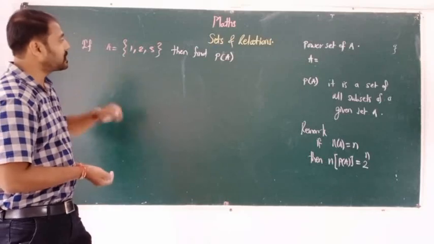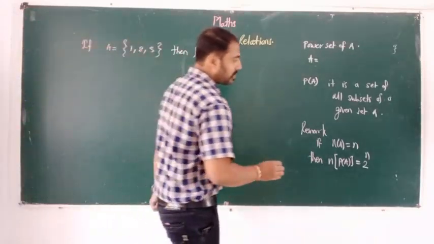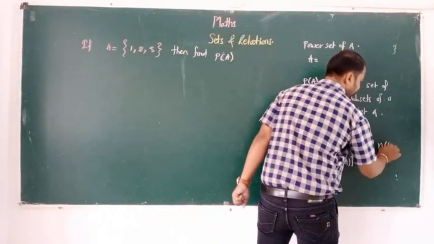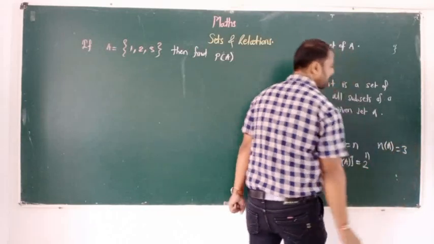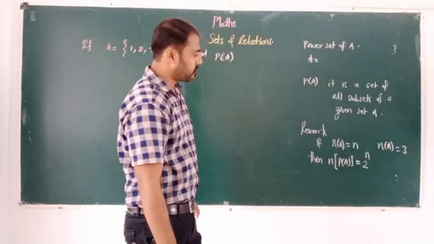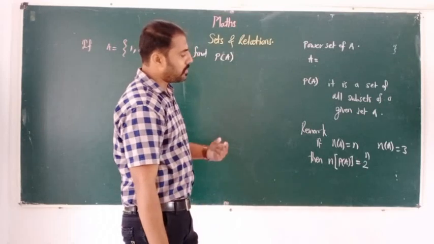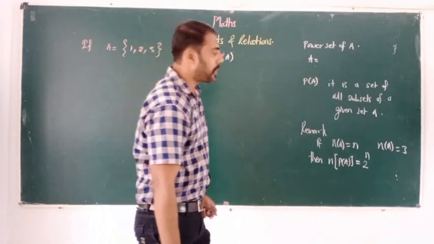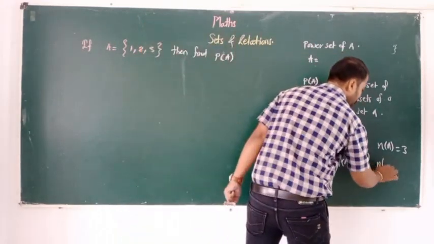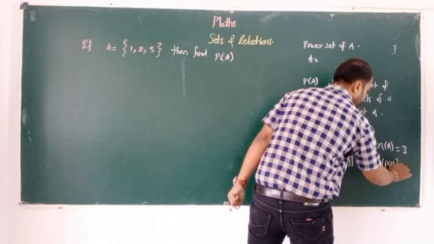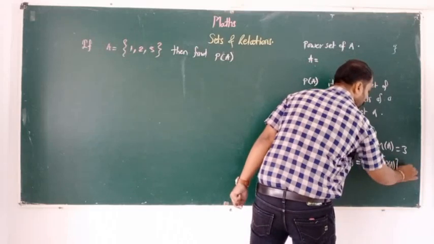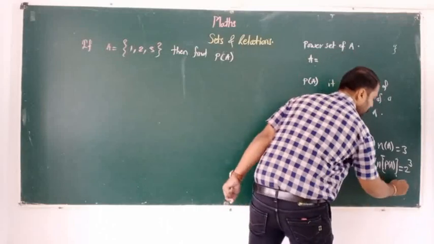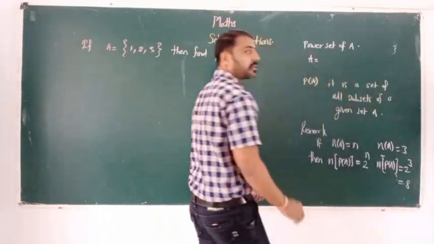There are 3 elements in A. That is, the cardinality of A is 3. Now, how many elements are in P of A? Therefore, the number of elements in P of A is equal to 2 raised to 3, that is 8.